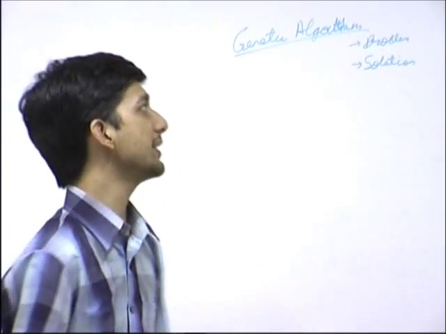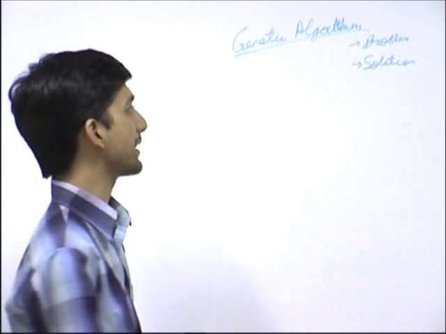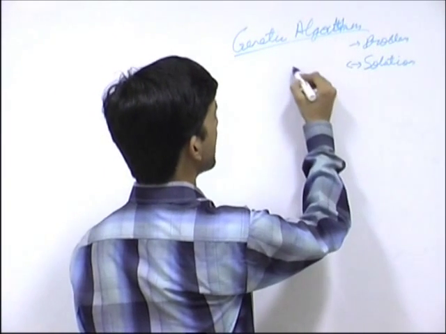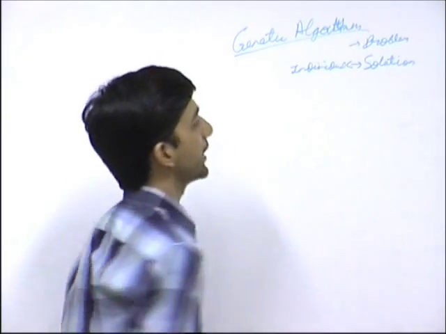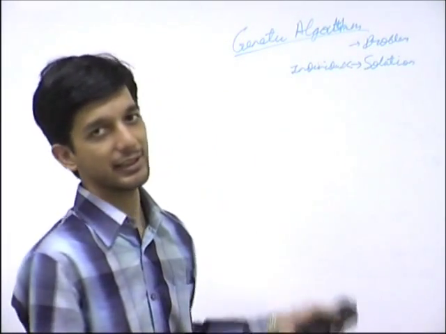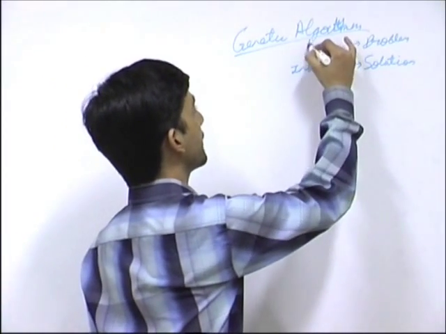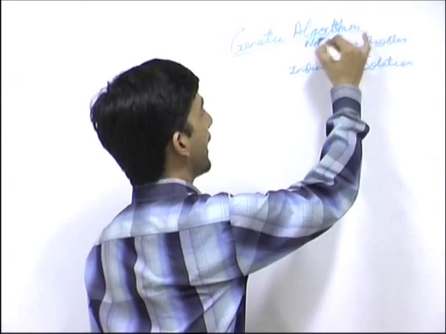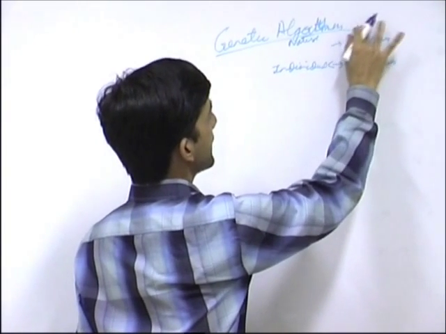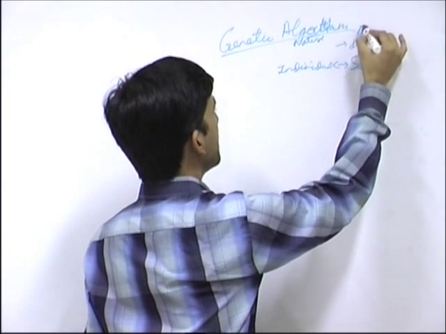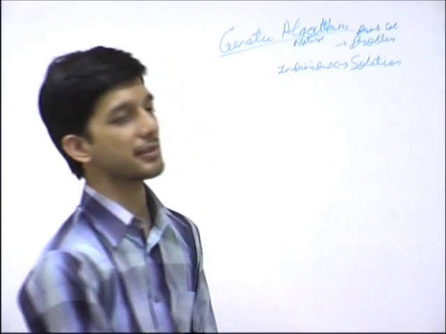Now what we have already found out is that what the solution represents is nothing but an individual. Whenever I use the word solution or the word individual, it would mean the counterparts of each other. One is in the natural world, and the other is in the problem solving world, when I'm trying to build up a solution.